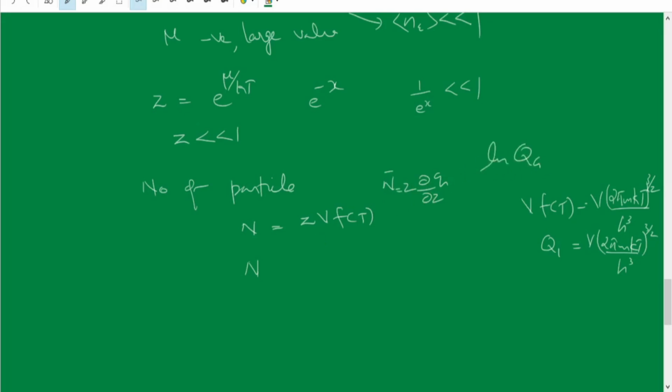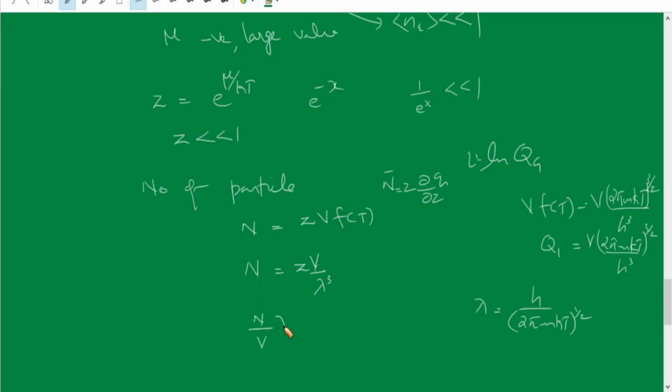If you substitute these things, you will finally get N is equal to Z V f of T, or N is equal to Z times V, with h by root of 2 pi m kT. This is the thermal de Broglie wavelength, lambda. Then we can write this as Z V divided by lambda cube, so N divided by V lambda cube.